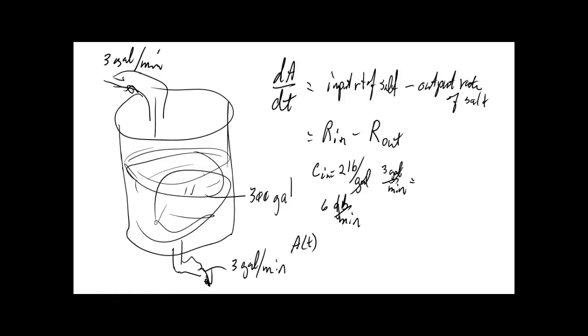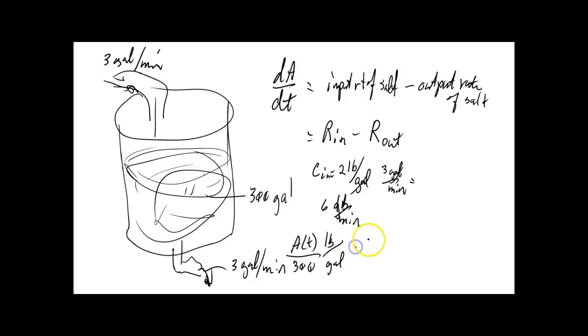But the amount of salt you have in there divided by the 300 gallons will be pounds per gallon of salt. So A over 300 pounds per gallon.